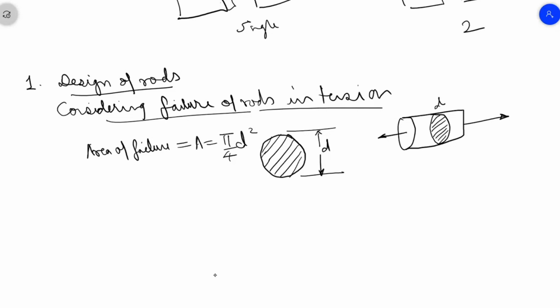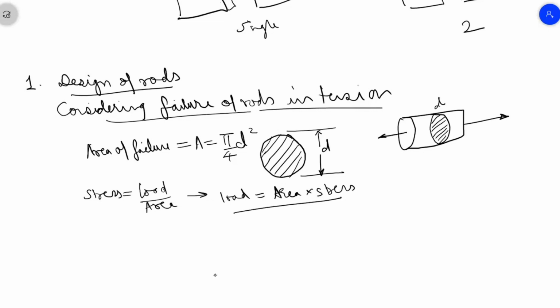So from this I know stress equals load upon area. I will not write this formula here, you have to remember this. That's why load equals area into stress. So I can write the load: P equal to pi by 4 d square into what is the stress? Sigma t.